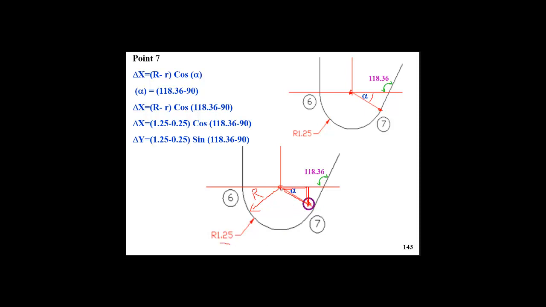So we know the distance between the center of curvature and the center of the cutter, which in our case will be the curvature radius minus the cutter radius. So that chord will be curvature radius minus cutter radius. Assuming we know that angle, and using that angle and that chord, we can create again that right angle triangle.